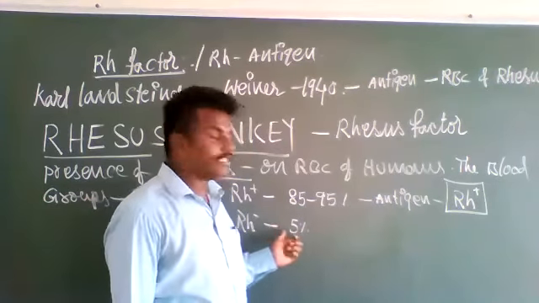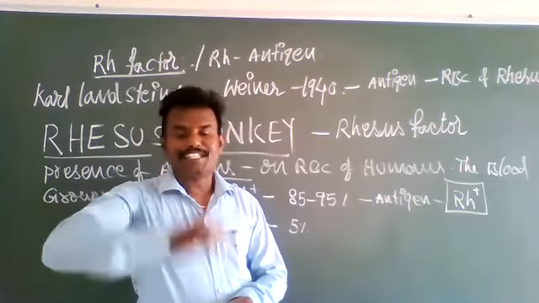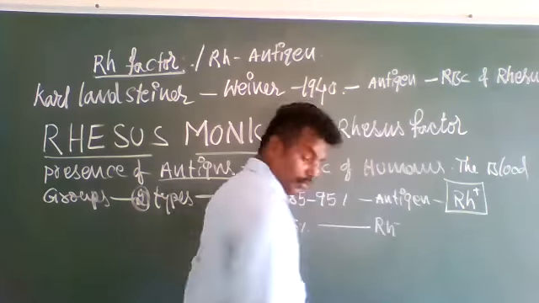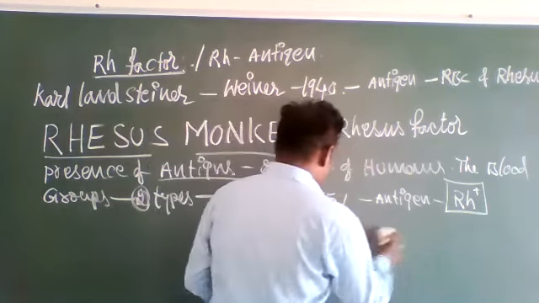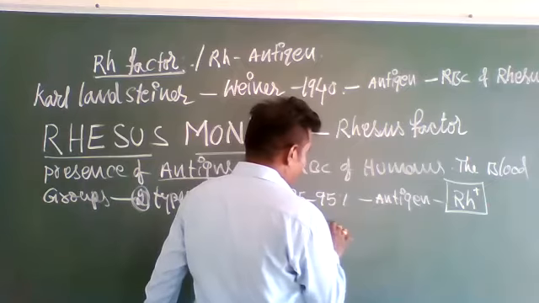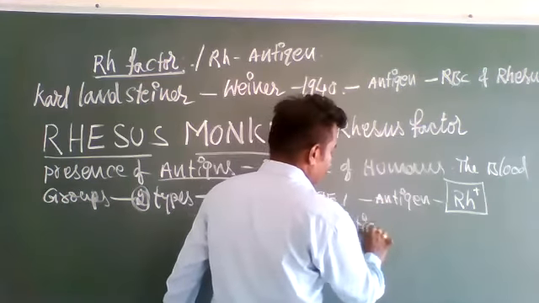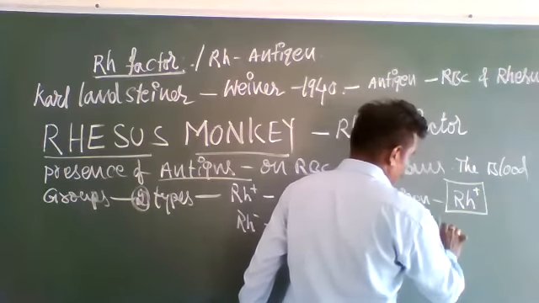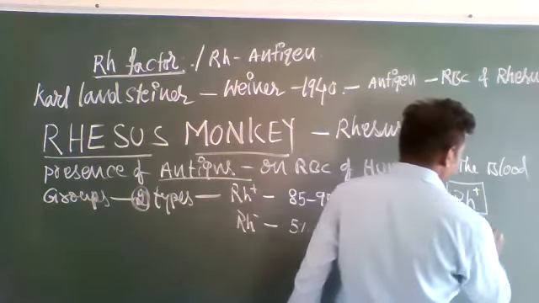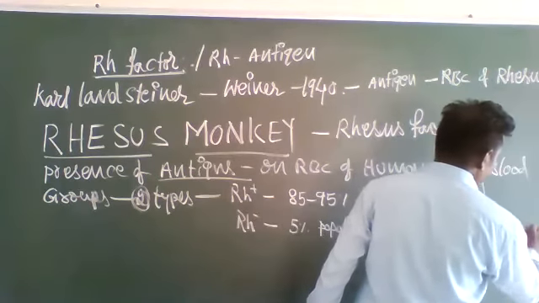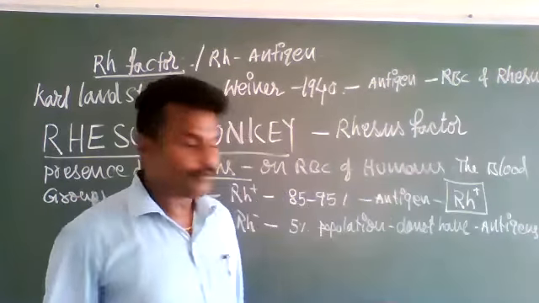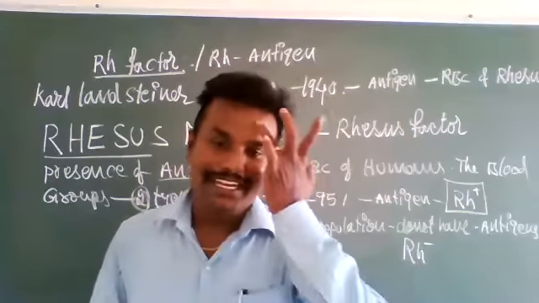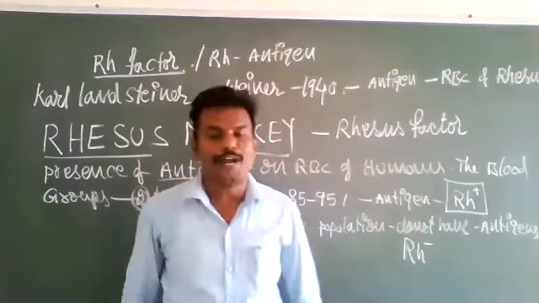About 5% of people don't have the special type of antigen. Such people we will call Rh negative. So here we have to remember one point.